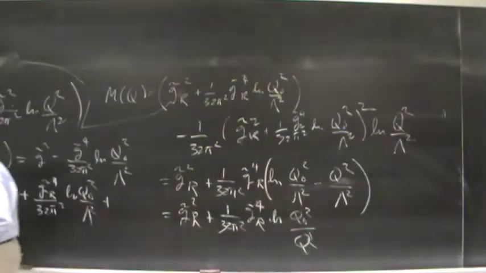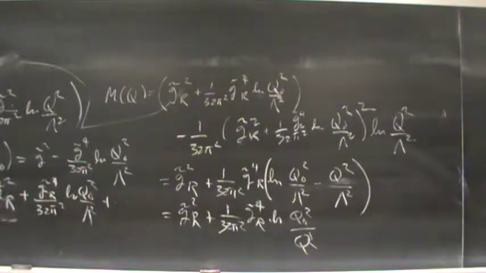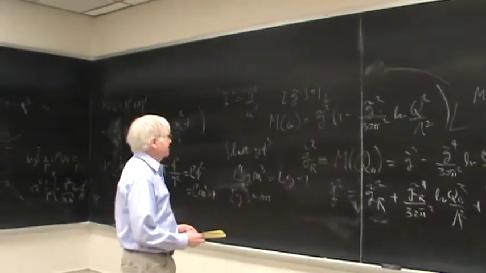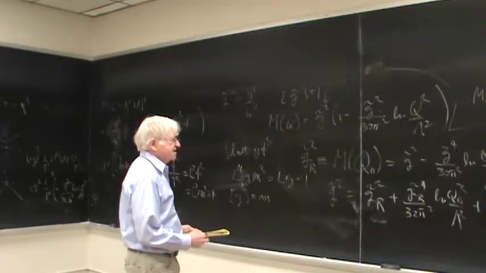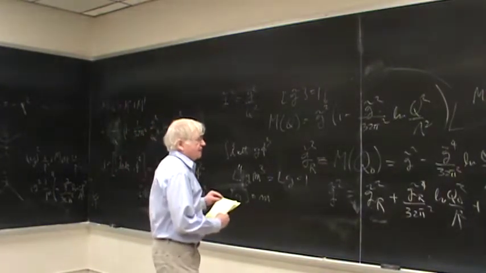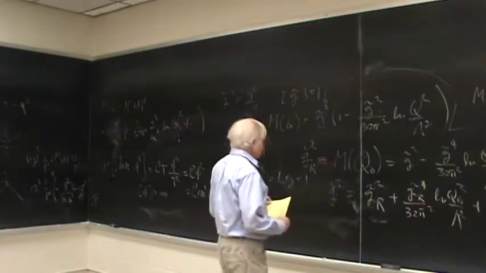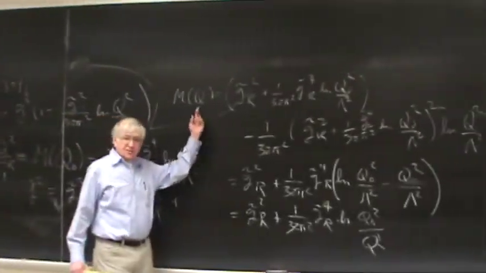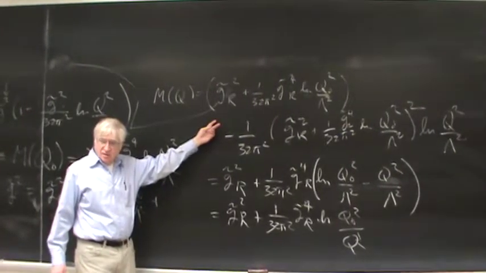Okay. As I said at the beginning, I think the best way to do this is to instead say we're just going to compute M of Q minus M of Q0.